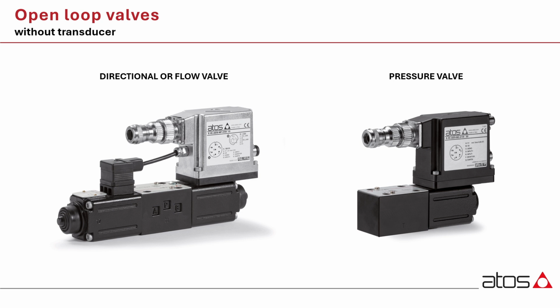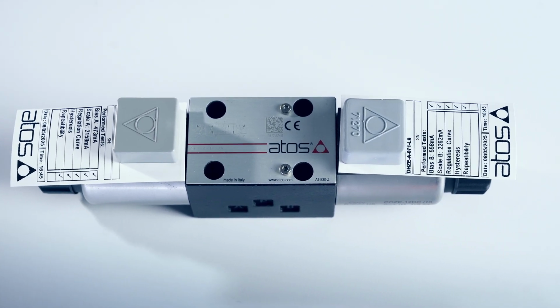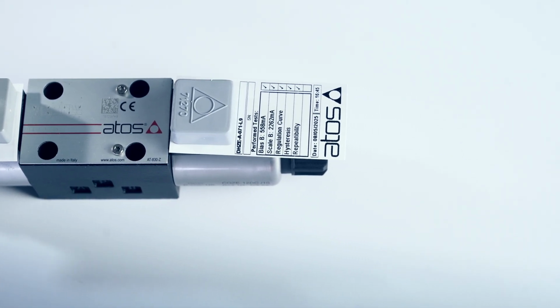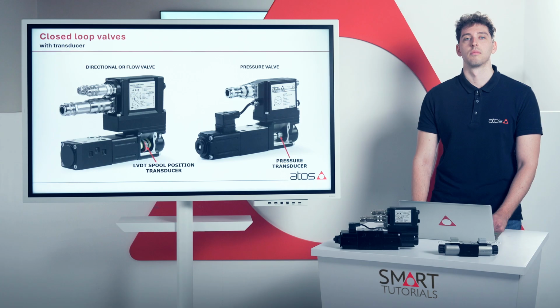For valves without onboard electronics, factory current values are indicated on a label attached to the solenoid after testing. However, since this is an open-loop system, these current values can vary depending on the hydraulic condition of the application. For this reason, fine-tuning during installation on the customer machine could be necessary to ensure optimal performance.